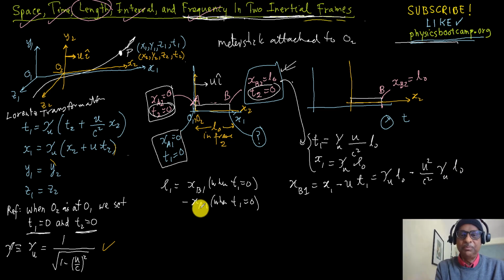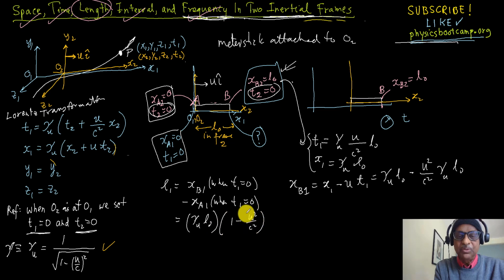So if this is x1 at 0, I put this in here. So the length L1 is gamma u L0 times 1 minus u square over c square, and this is gamma u, so this is equal to gamma u L0 times 1 over gamma u square.